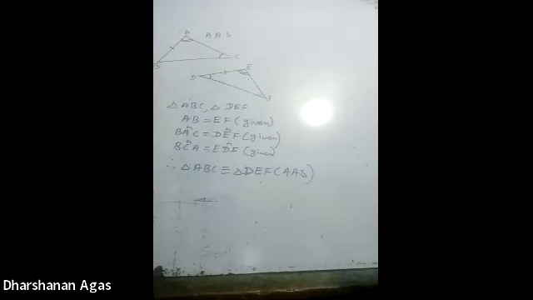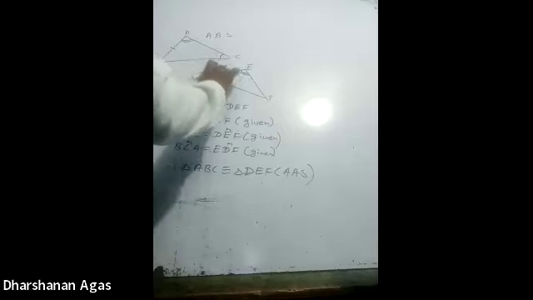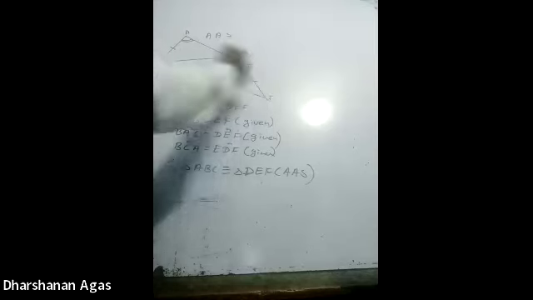At the same time, the angle also should be on the same straight line. Here it is going along another line, so we can't make them congruent. So the angles should be in the perfect place, that means corresponding angles and corresponding sides.